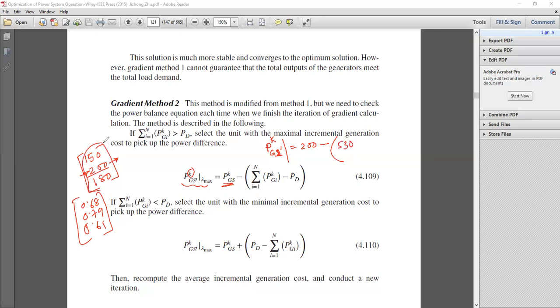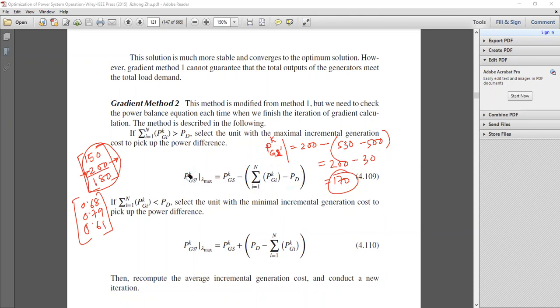This summation is what I have got through my iteration. This is the demand minus 500. So how much is this? 200 minus 30 is 170. This is what I showed earlier. So this formula is actually nothing complex. It's very easy and simple.